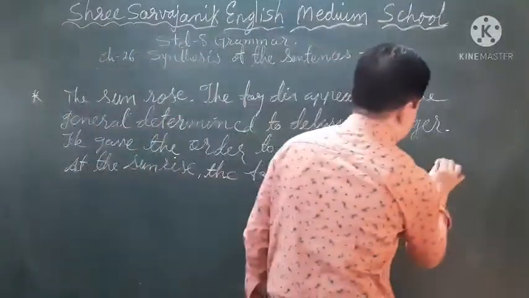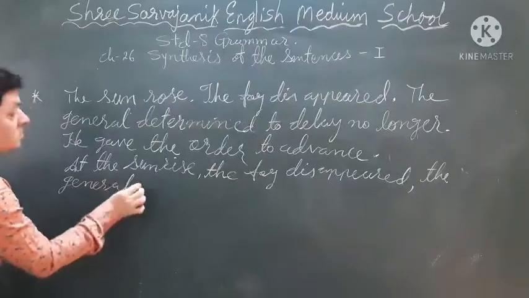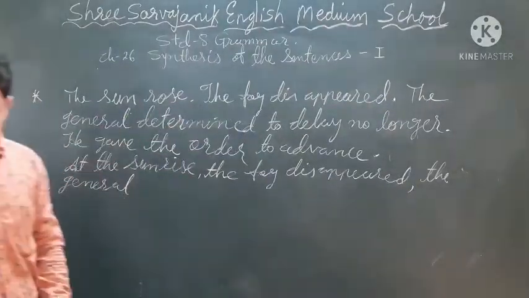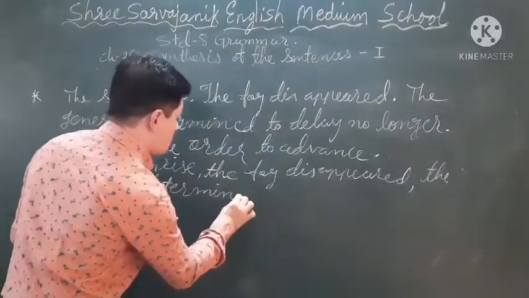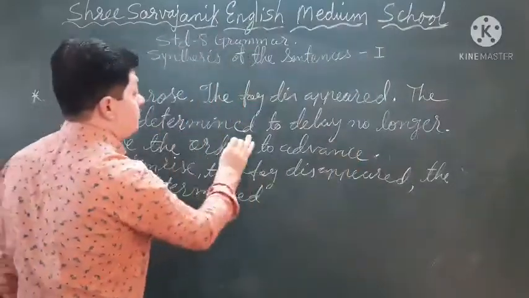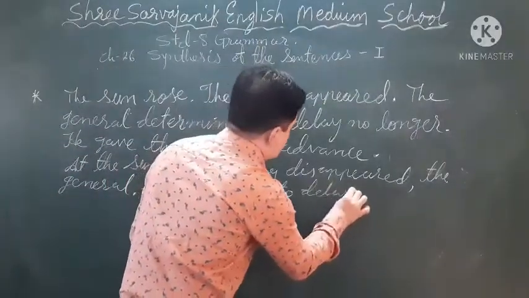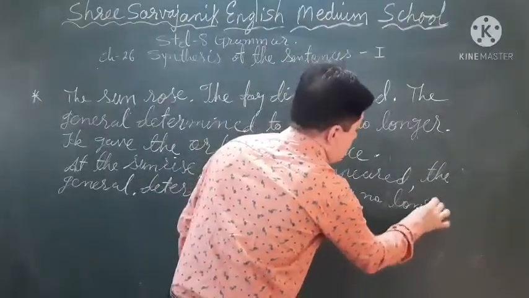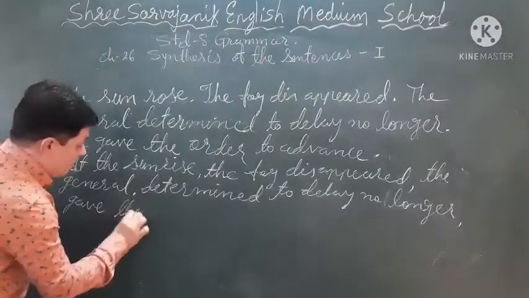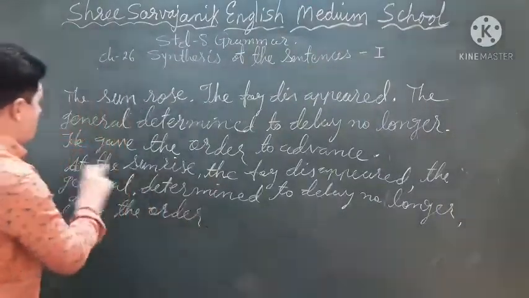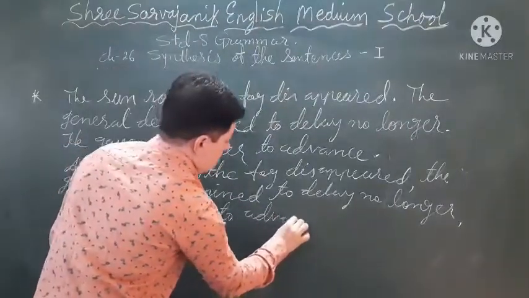The general. What did the general do? The general determined to delay no longer, gave the order to advance.